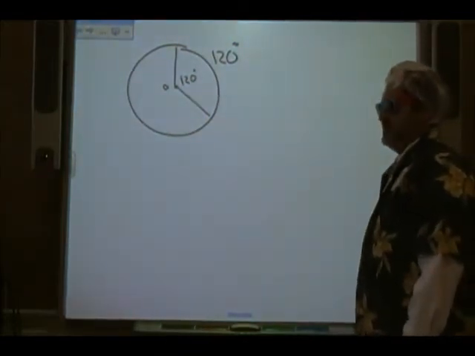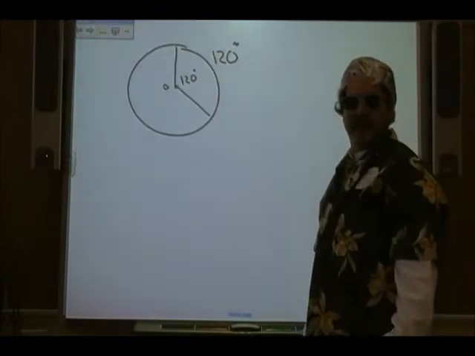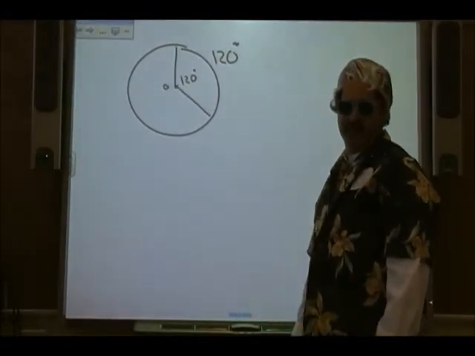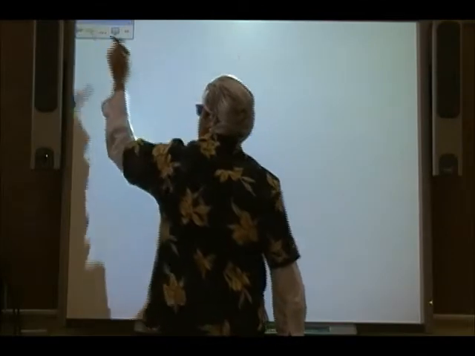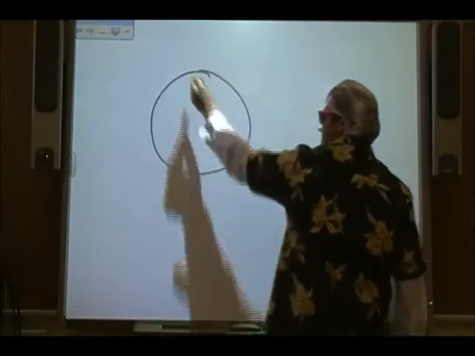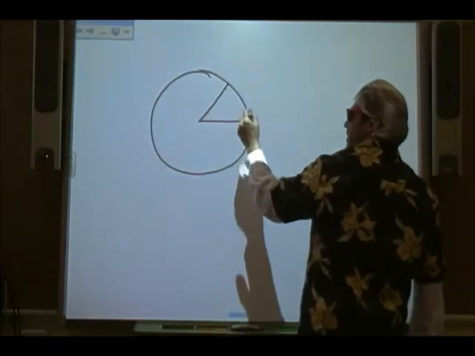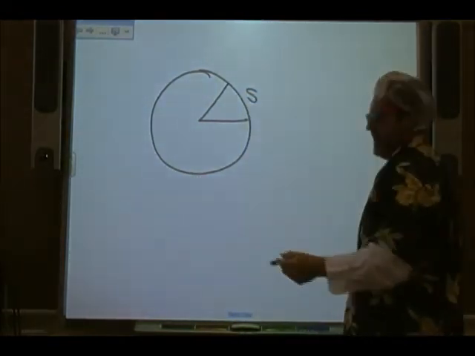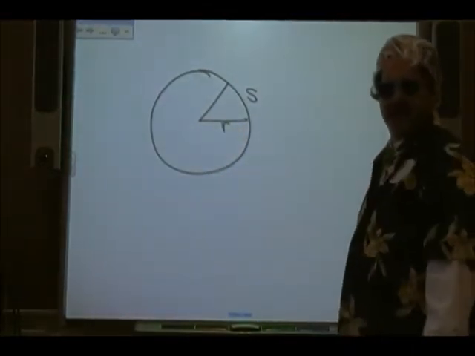Okay? Now, what we have is mathematicians decided, let's have another way to measure the circle instead of degrees. So they decided, let's take another circle. Here's the center, and we'll call the S arc. The S is the arc, and R is the radius.